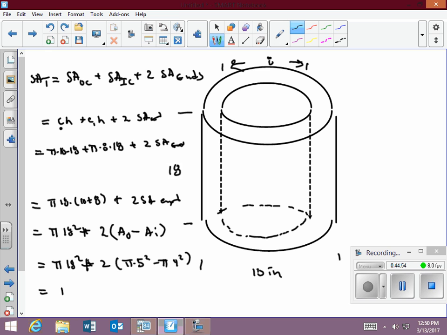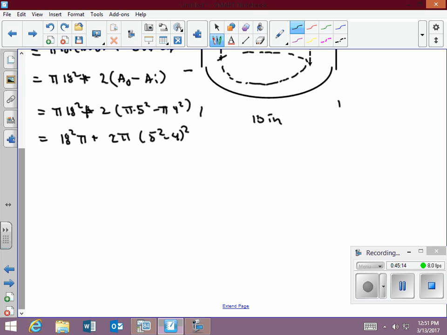Let me change this around: 18 squared pi plus 2 pi times 5 squared minus 4 squared, so 2 pi times 25 minus 16.